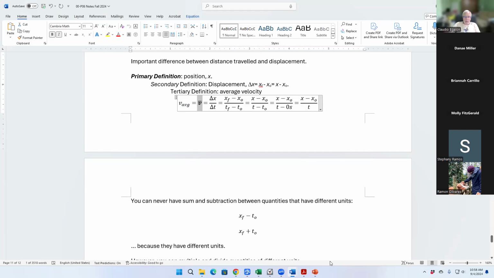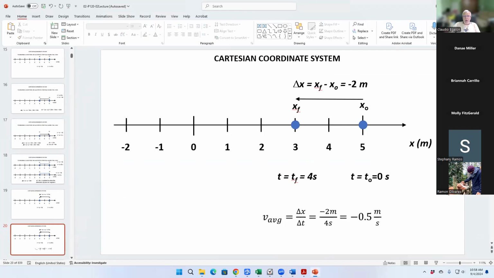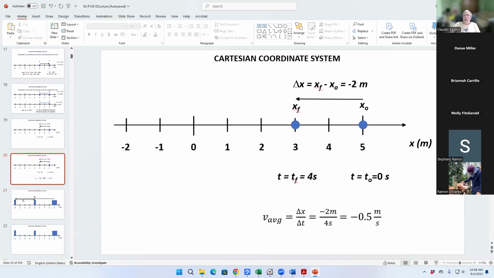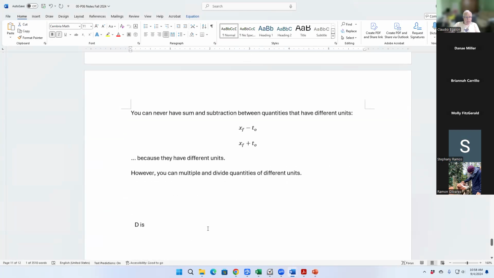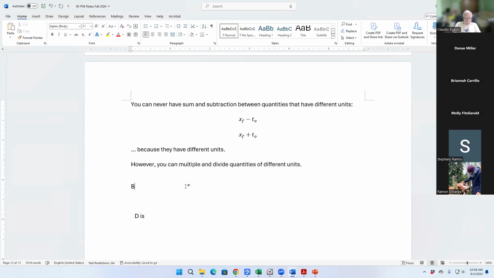So one example for average velocity is this one right here. If a particle moves from the right to the left, minus 2 meters in 4 seconds, it will have an average velocity of half meter per second. Okay, here you go. By the same token, we have distance traveled.